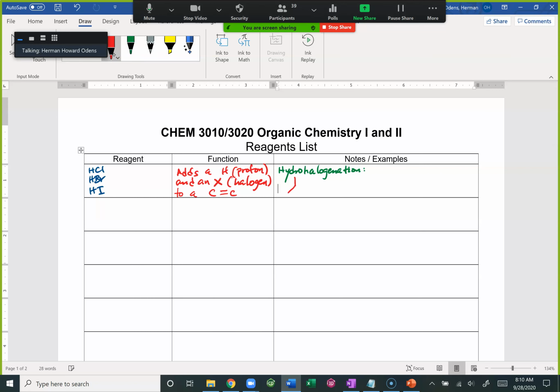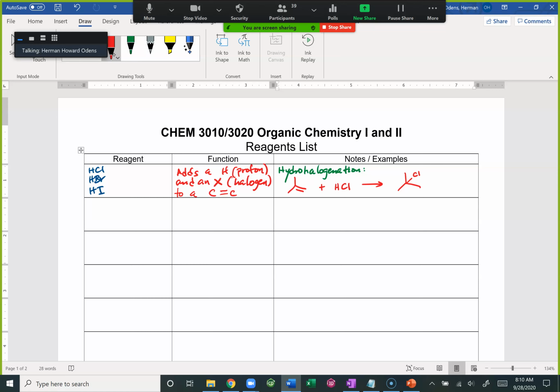So I'm gonna write down my first example, and I know that this reaction will put a hydrogen where there's more hydrogens, where the rich gets richer, and the chlorine will go here on the most substituted carbon.